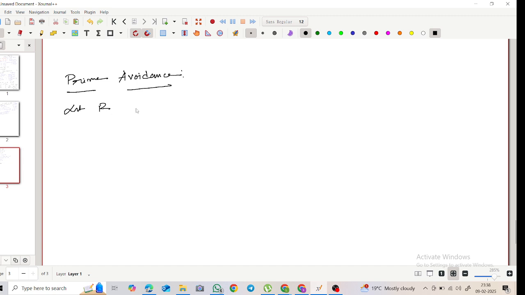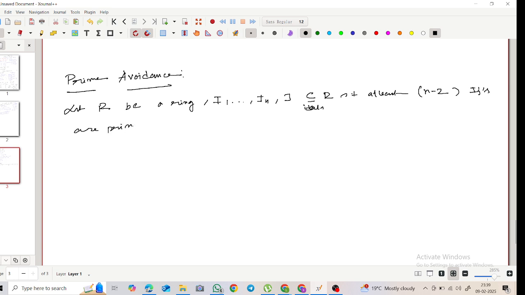Let R be a ring and I1 to In, J, these are ideals in R, such that at least n minus 2 of the Ij's are prime and J is a subset of the union of the Ij's.